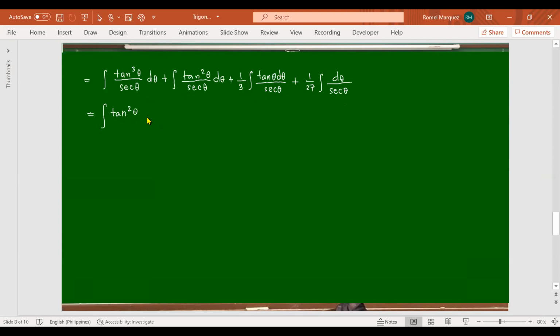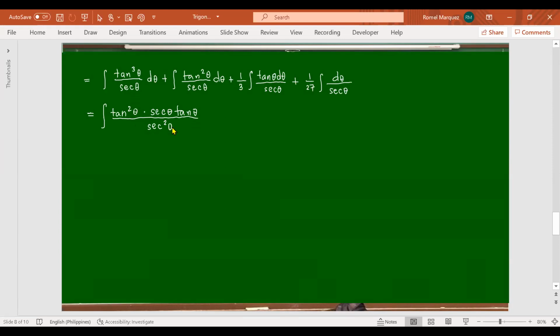And then from here, I will get secant, no? If I get a secant here, what will happen? So I will get one tangent, one secant. What will remain in the denominator? Guys, because I took one secant here, it becomes secant squared.